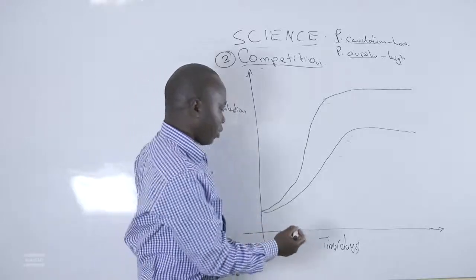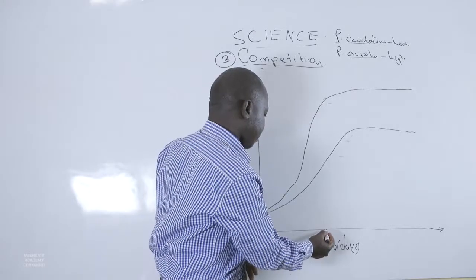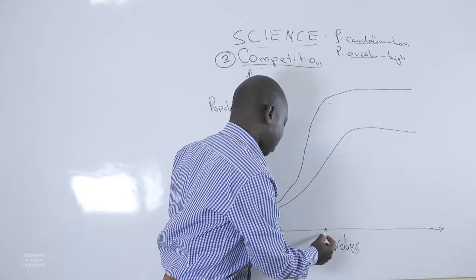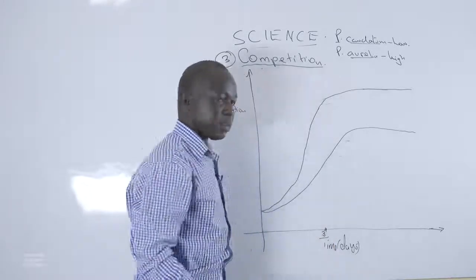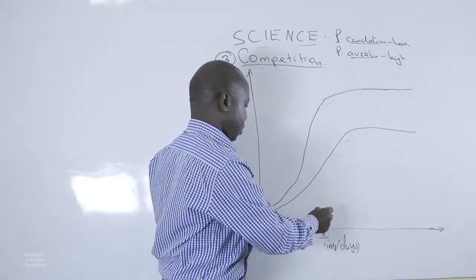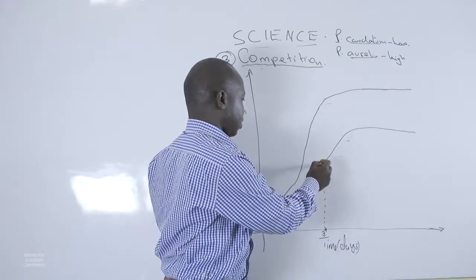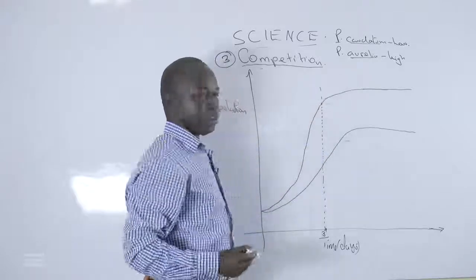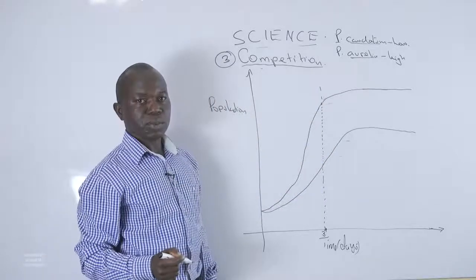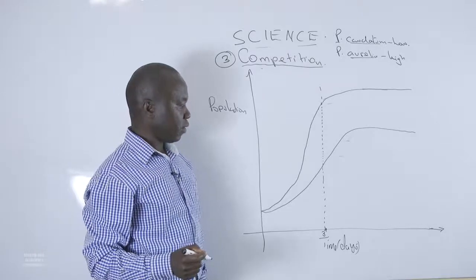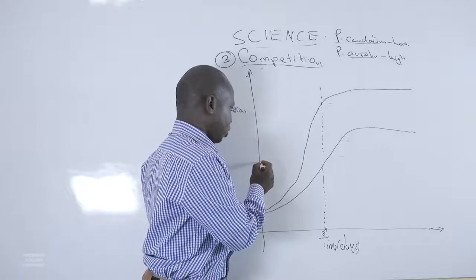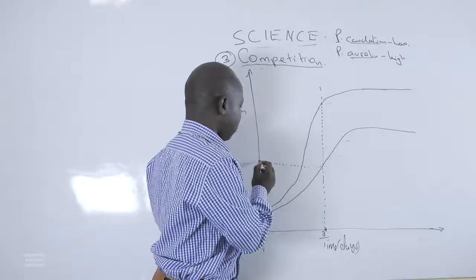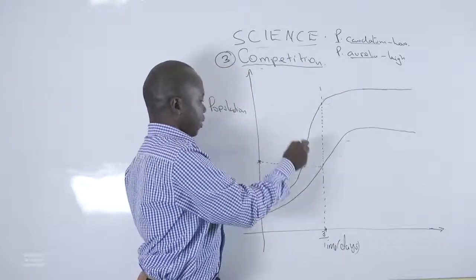You look at the high and low reproductive rates. To find that, you pick a time. Let us assume that time is day 2 or 3. You just draw a vertical line cutting through the two curves. Then you read the population value on each curve at the same time.